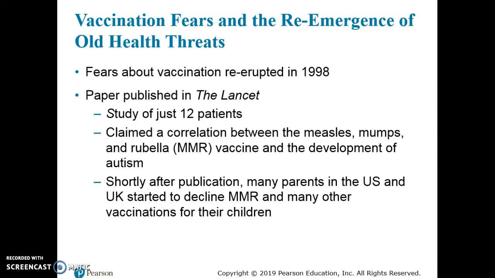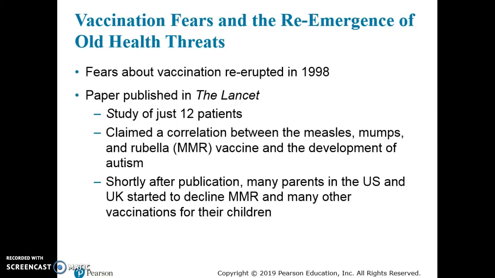The biggest controversy came back in 1998 when a scientist published in The Lancet, which is quite high on the impact factor. So if you get a publication in The Lancet, that means everyone should take note of it.